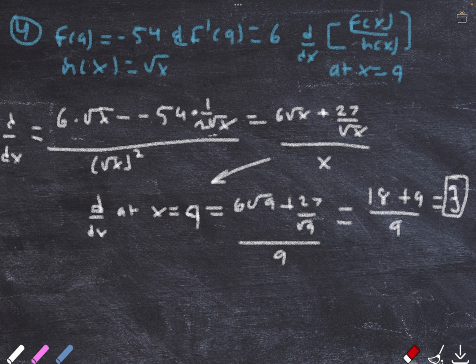That simplifies to 6 times radical x plus 27 over radical x, all over x. Then x is equal to 9. We plug that in, and we get 6 radical 9 plus 27 over radical 9, over 9. That simplifies to 18 plus 9 over 9, which equals 3.